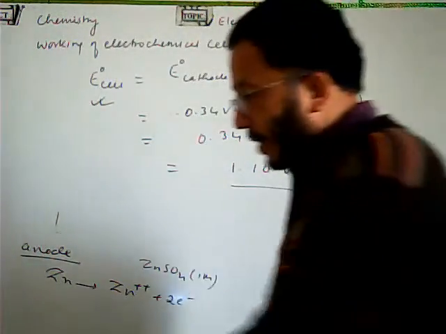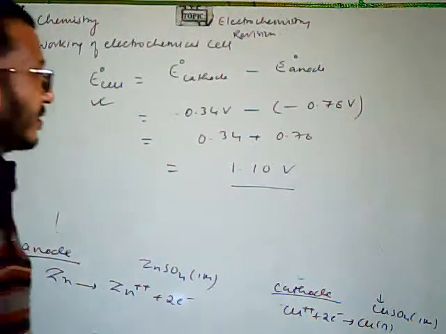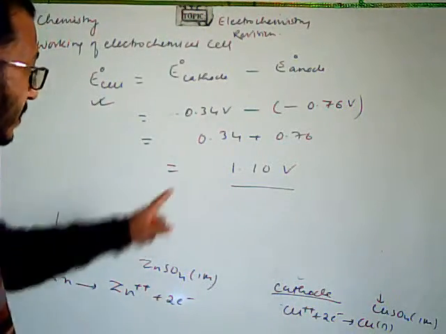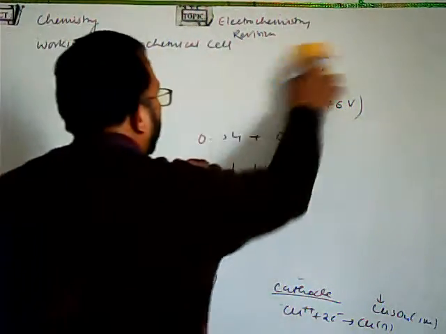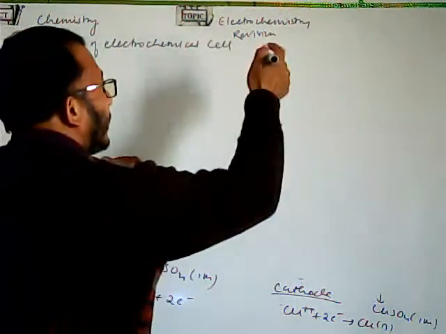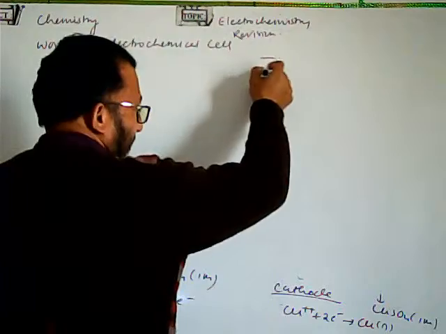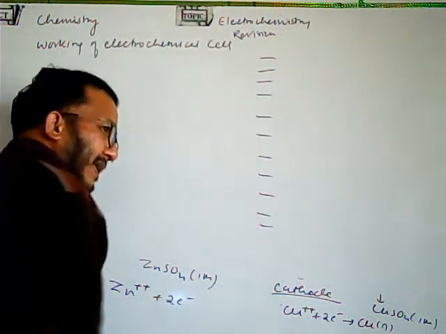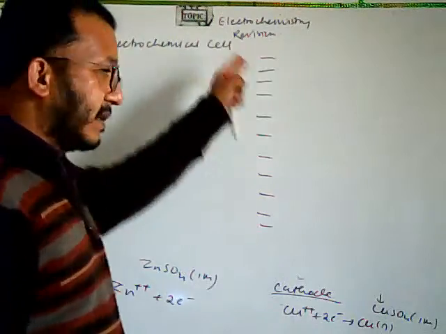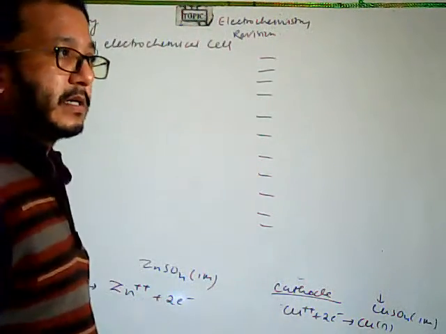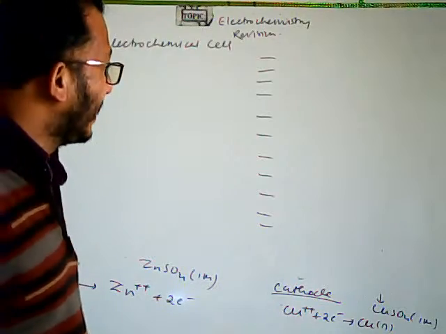Now remember that in case we have the electrochemical series, this is the electrochemical series in which we have the reduction potential of the various ions or the elements.